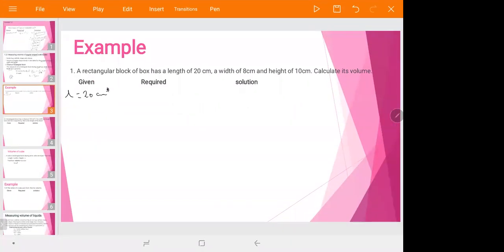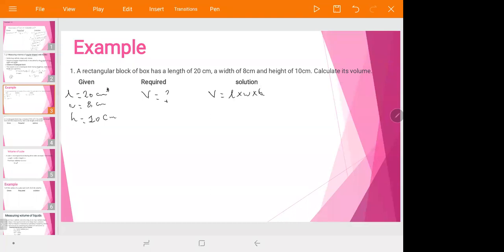What about width? 8 centimeter. What about height? 10 centimeter. The required one is simply the volume of the rectangular block, like a box. So the volume of a rectangular block is equal to length times width times height.